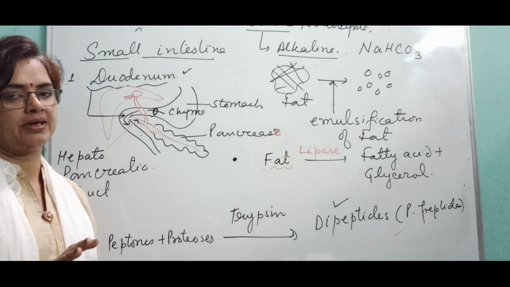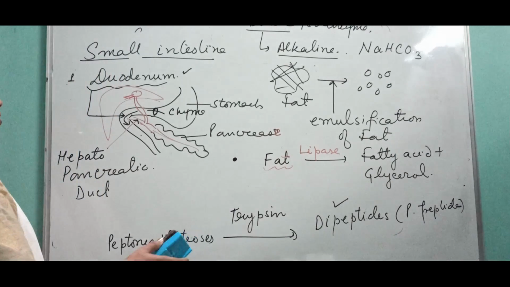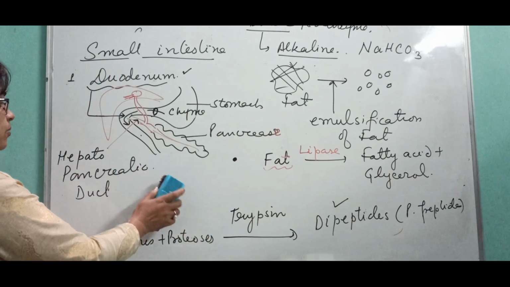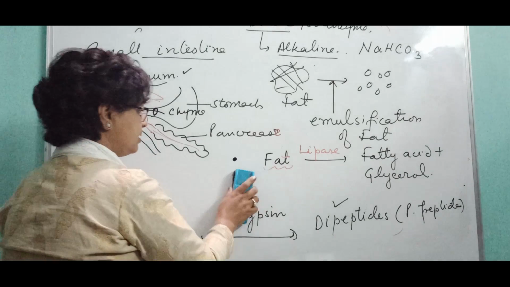No digestion, no digestive enzymes. The third part is termed the ileum, and I am going to draw that here so that you can identify where we are going downwards.